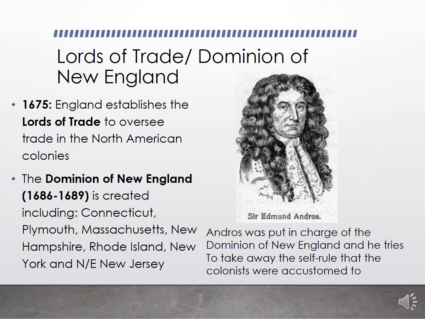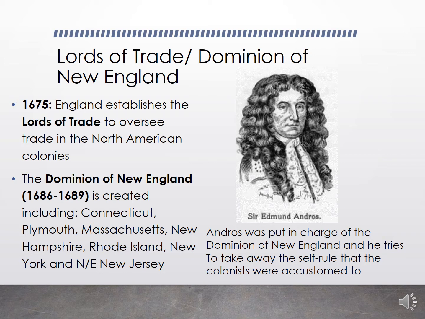And so when the Dominion of New England is created, and these various religious toleration acts are being passed by the British Parliament, particularly after the Glorious Revolution, which we're going to talk about in a minute, this religious toleration is going to transfer over to the colonies, and this is going to create a lot of anger.